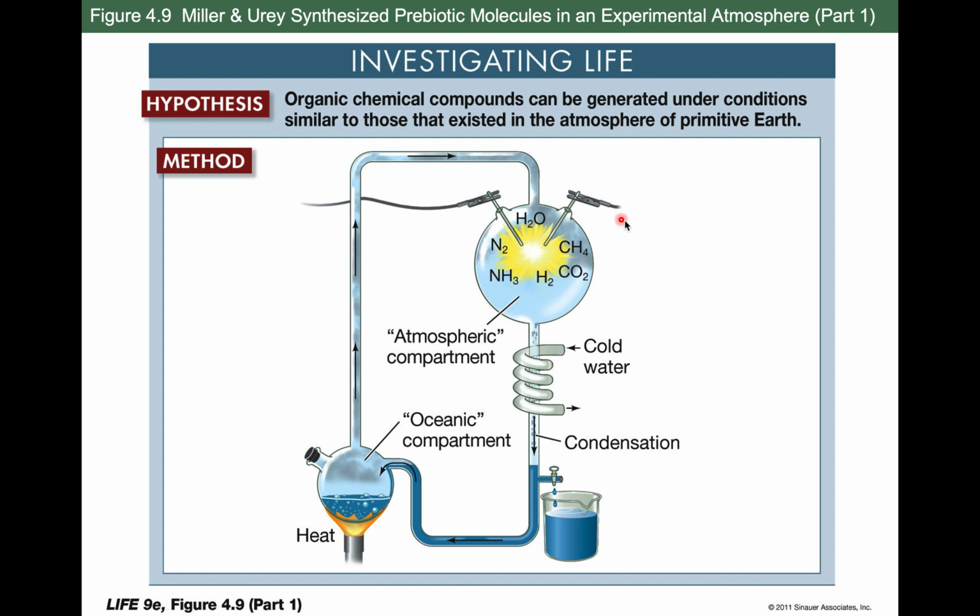And then we've got a couple of electrodes in here just providing some source of energy, right? Atmospheric energy, lightning, however you want to think of that. So they would run this as a closed system for a while, and then periodically they would collect a little bit of the condensation and the quote-unquote rain, and look to see what chemicals they were getting.